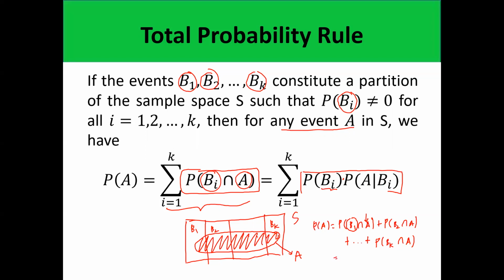So this formula can now be written as the probability of B1 multiplied by the probability of A given B1, plus the probability of B2 multiplied by the probability of A given B2, and so on up to the probability of B sub k multiplied by the probability of A given B sub k. We call this formula the total probability rule, and it will be used in the Bayes rule, which is next.